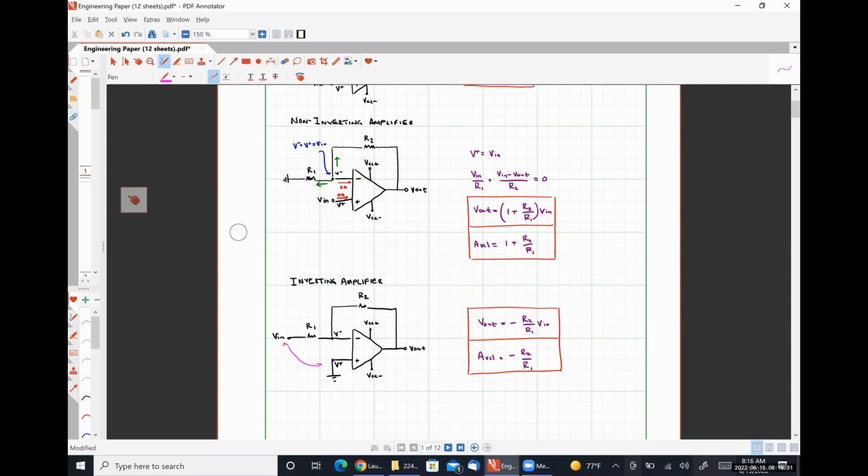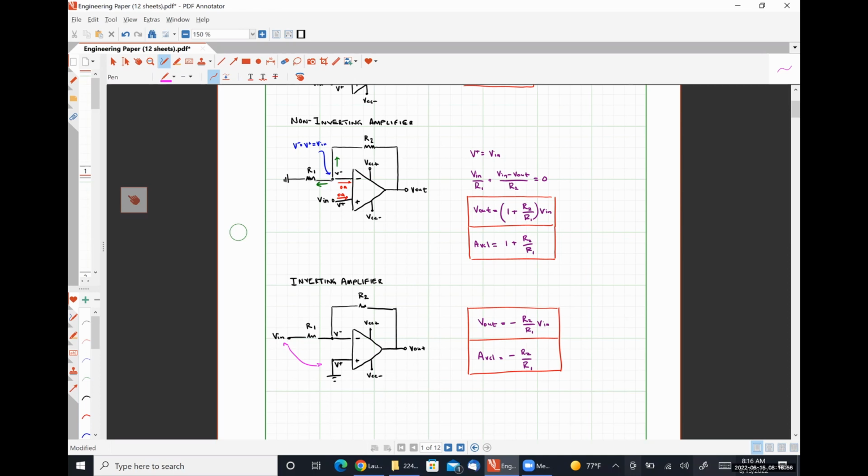As we mentioned at the end of our last class meeting, the inverting amplifier is able to provide both amplification, meaning it makes the magnitude of the input signal larger at the output, and attenuation, meaning it can also make input signals look smaller. So it has an extended amount of operation as compared to the non-inverting amplifier.